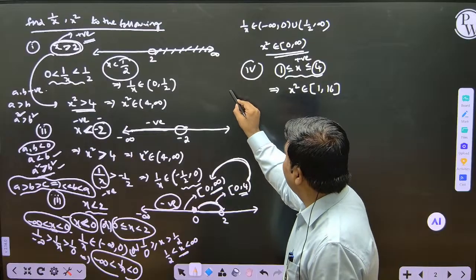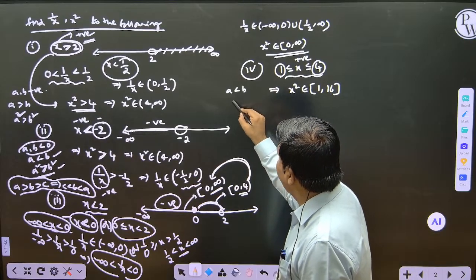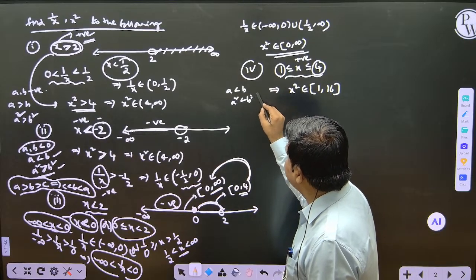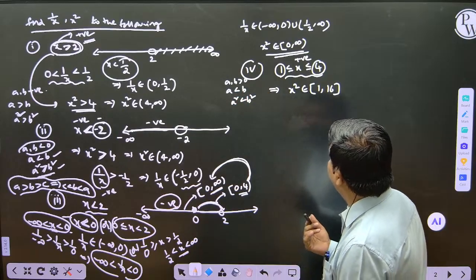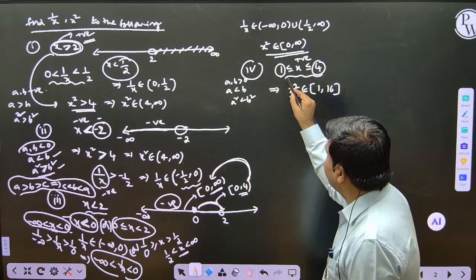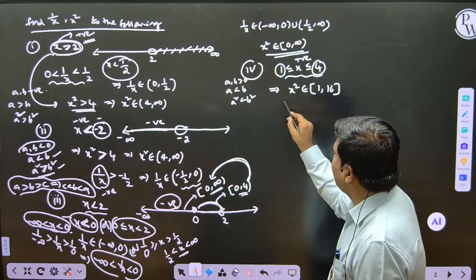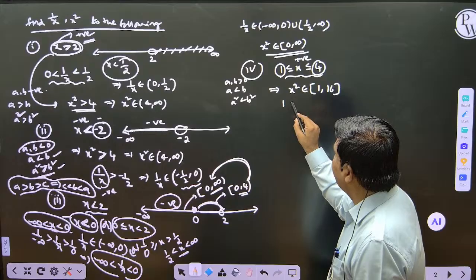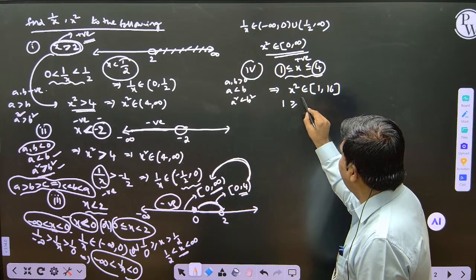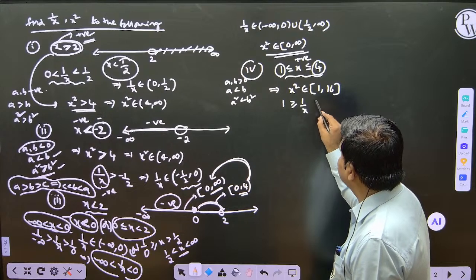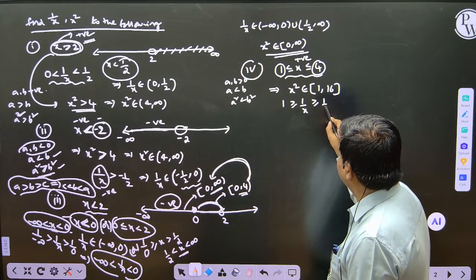I already told you that a less than b, then a square is also less than b square, or not, whenever a comma b are positive. But reciprocal we can also take, both are positive, or not. Reciprocal is also easy. 1 by 1 is 1, less than or equal to; the reciprocal is greater than or equal to, 1 by x greater than or equal to 1 by 4.